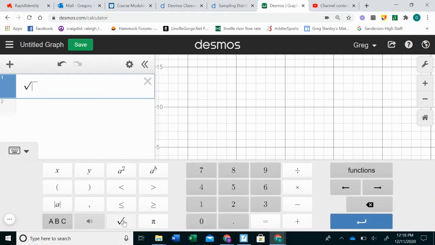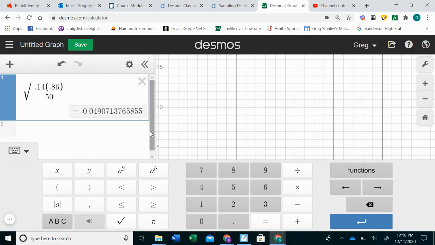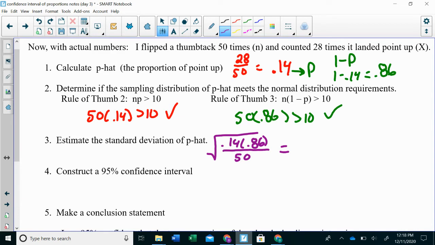So the square root of 0.14, parentheses 0.86, close the parentheses, divided by the sample size, 50. I have a standard deviation of 0.0491, would be a good way to round that off.